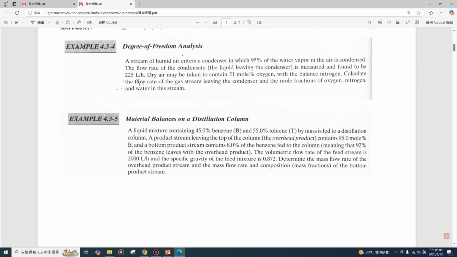Dry air may be taken to contain 21% oxygen, of course, right? With the rest nitrogen. Calculate the flow rate of the gas stream leaving the condenser and the molar fraction of the oxygen, nitrogen, and the water in this stream. So from here, this is the question. From here to here, this is a description. So you need to make the description become a flow chart. Okay, so let's do this.